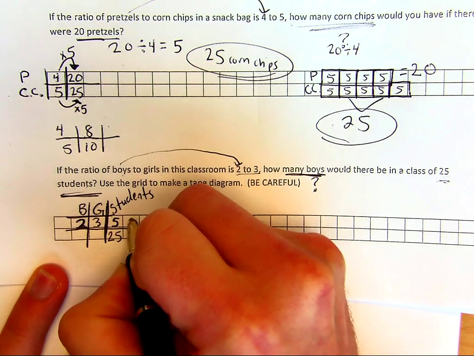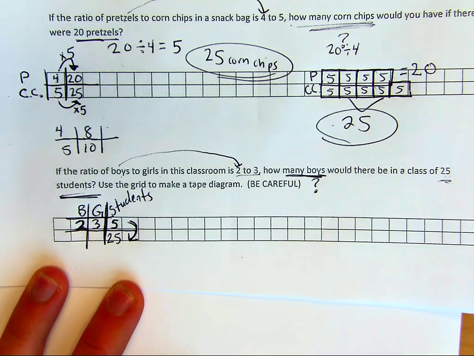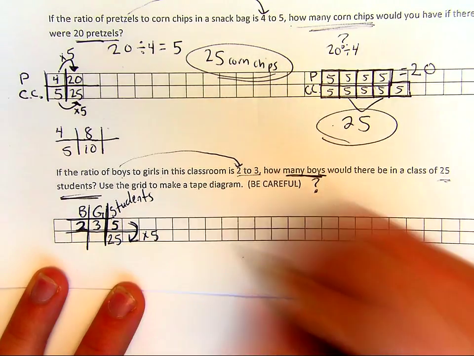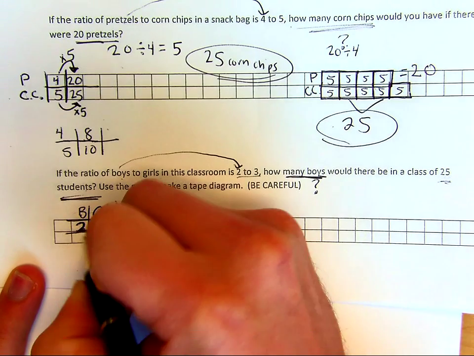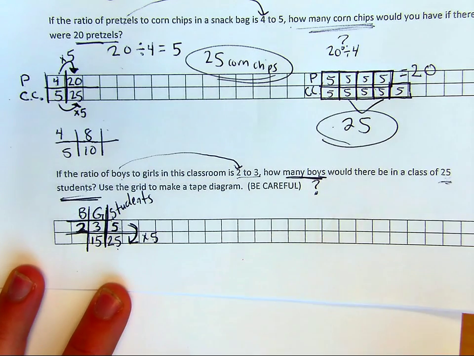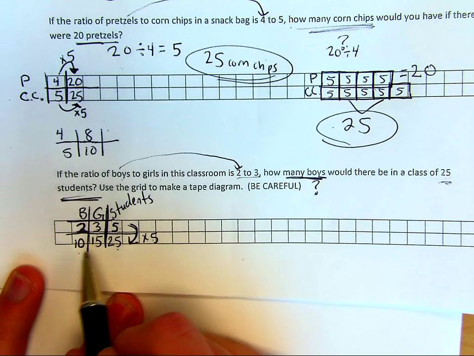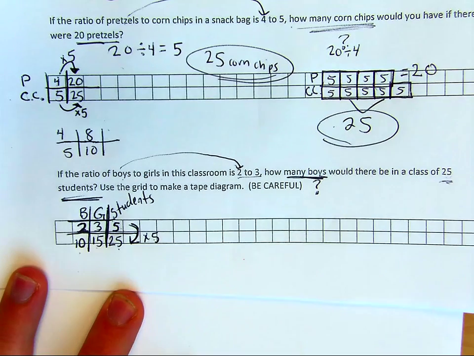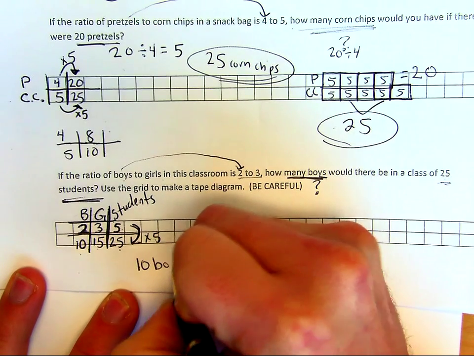So how do I get from 5 to 25? Times 5. So 5 times 5 is 25. 3 times 5 is 15. And 2 times 5 is 10. Just to double check, 10 plus 15 makes 25. So we're good. So my answer, 10 boys.